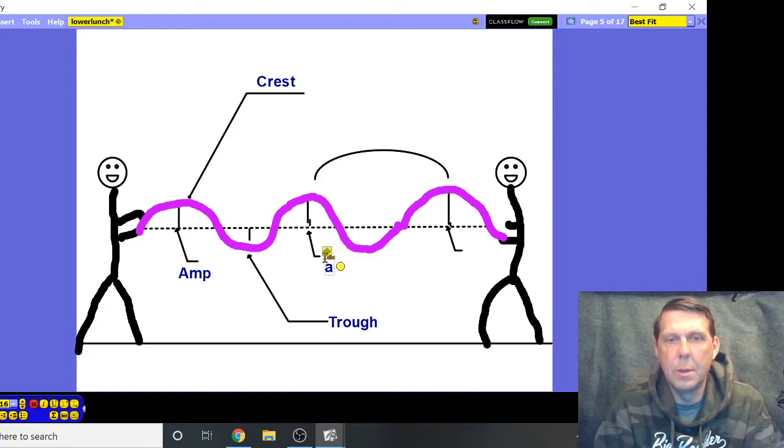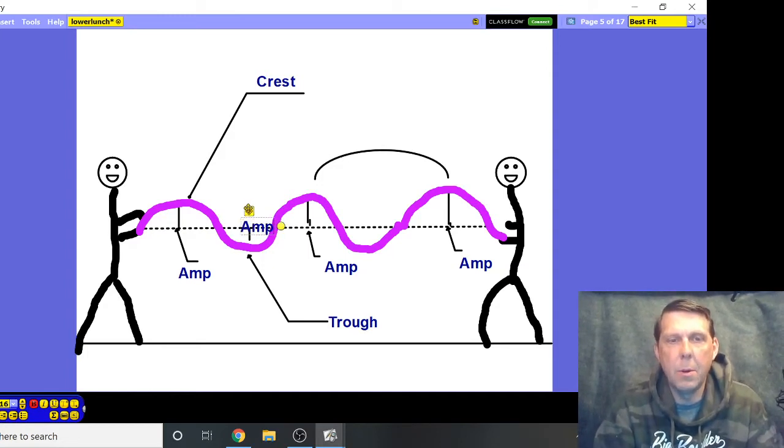Amplitude. You can also measure the amplitude from this point here down to a trough. You can measure from this point to a crest or this point to a trough. So this is a measurement of the amplitude as well.